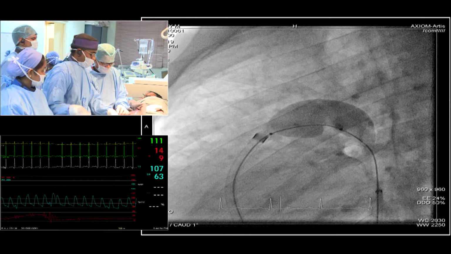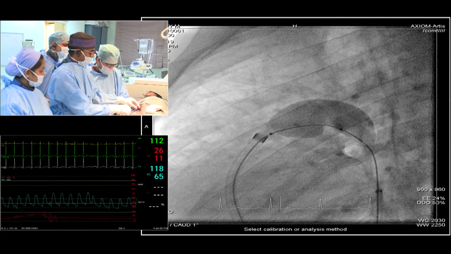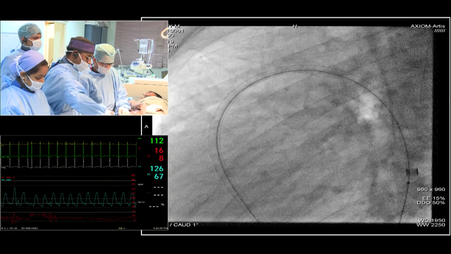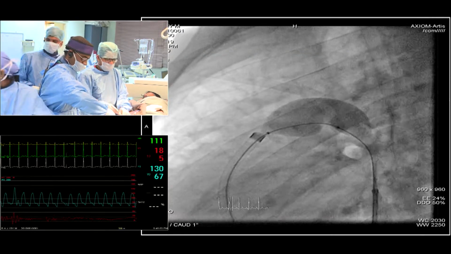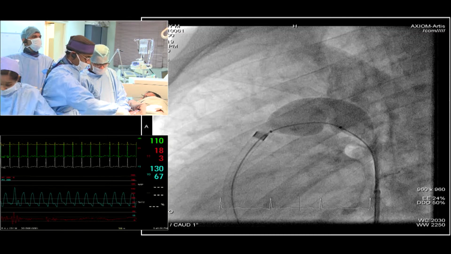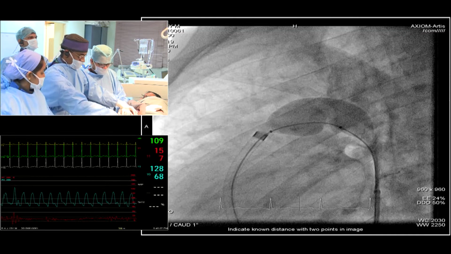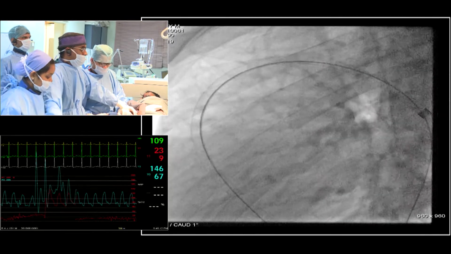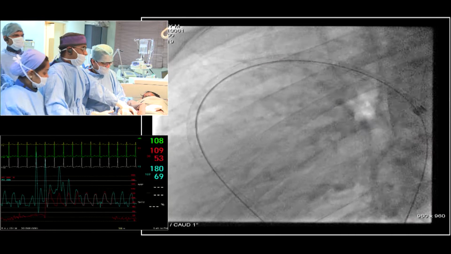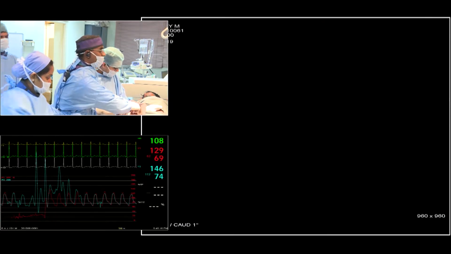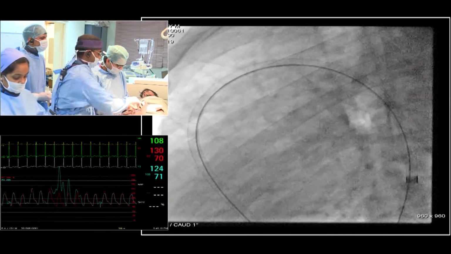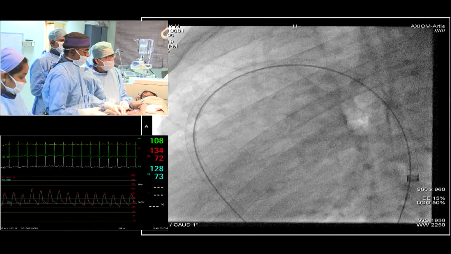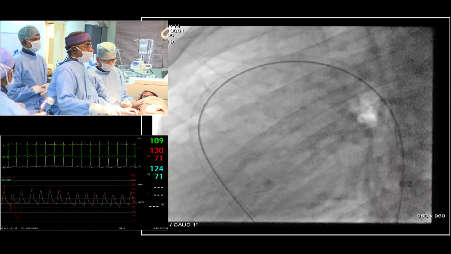So now we are going to take out the circuit. Can you measure the waist of the balloon? The sheath is now in the descending aorta. And we are going to take away the entire circuit.